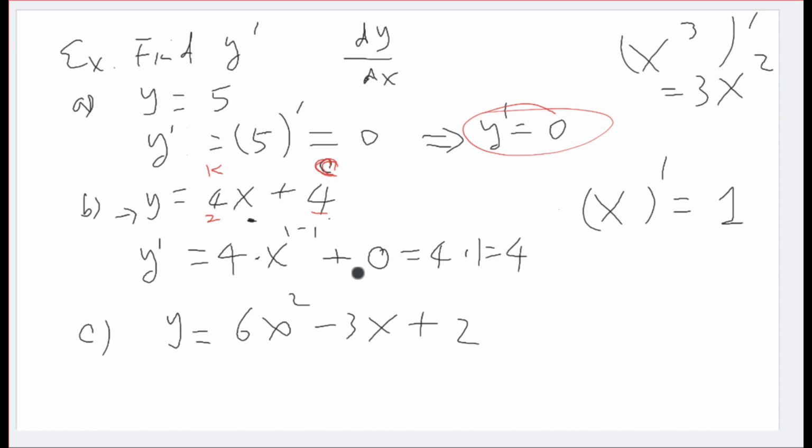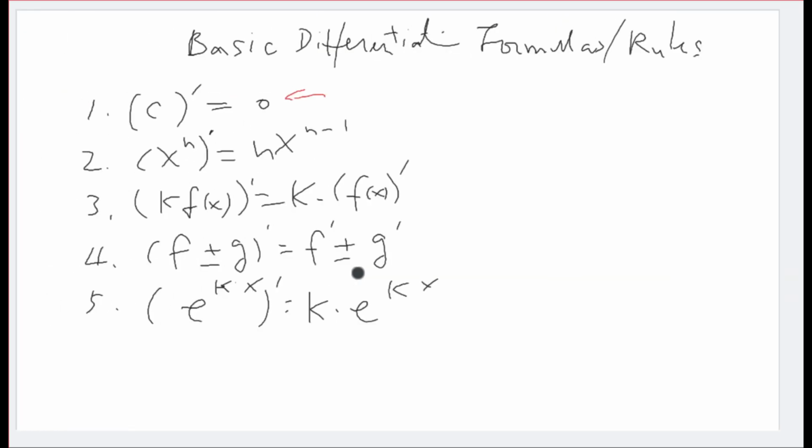All right, so let's see the next example. We have a function that's a polynomial involving 3 terms. So first of all, again, we're going to apply the rule here. It says if you're going to differentiate the sum or difference of terms, you just differentiate every term.